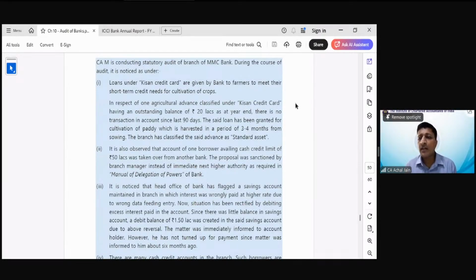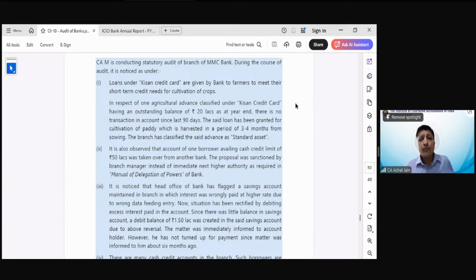CAM is conducting statutory audit of a branch of MMC Bank. During the course of audit, it is noticed as under: loans under Kisan credit card are given by the bank to farmers to meet their short-term credit needs for the cultivation of crops.